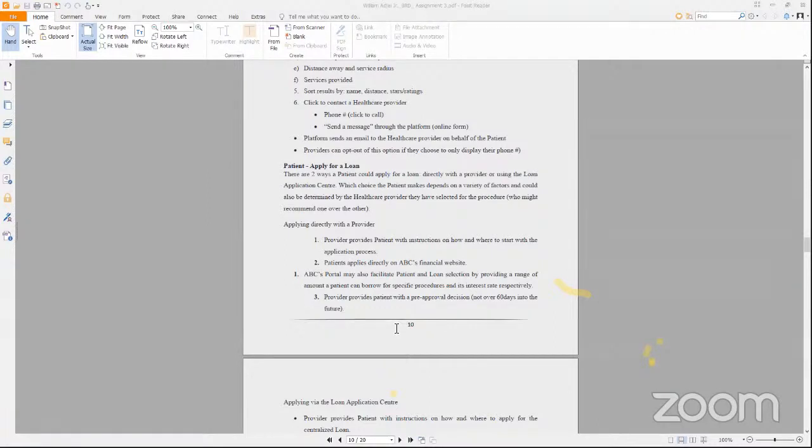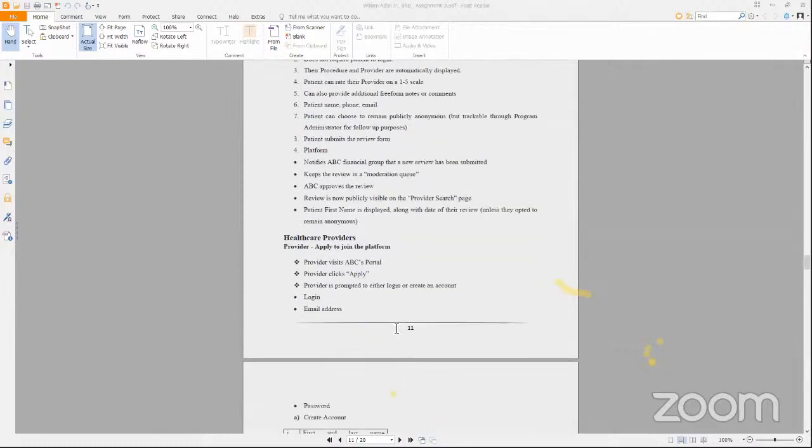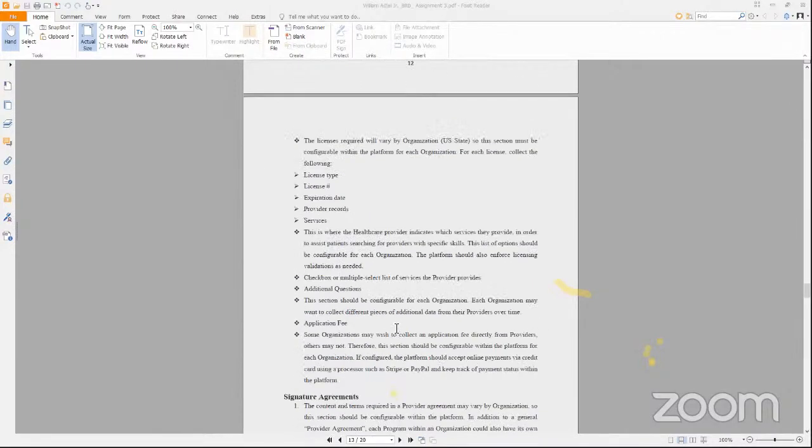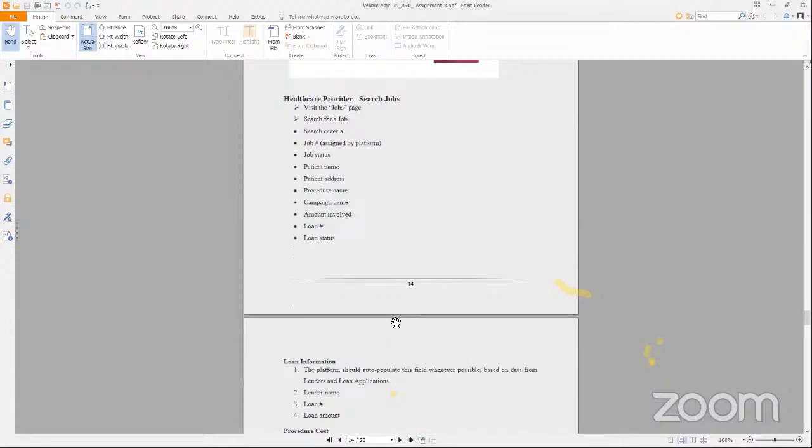Okay, another thing you mentioned, you said provider search jobs. It's under one of the requirements. From the understanding I got from the presentation, you mean the providers look for more patients? As a healthcare provider, it's not always that the patient has to come to you.